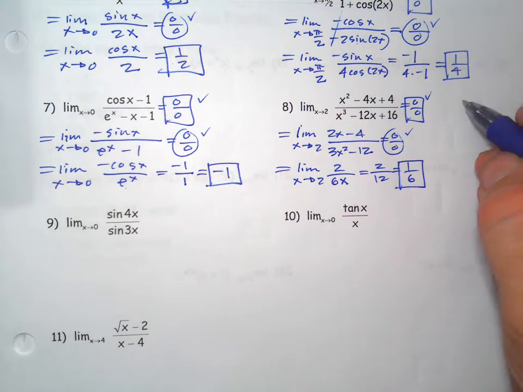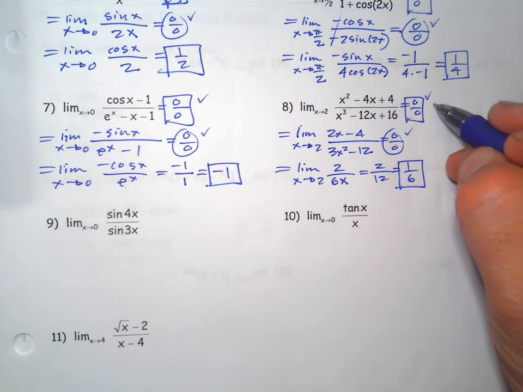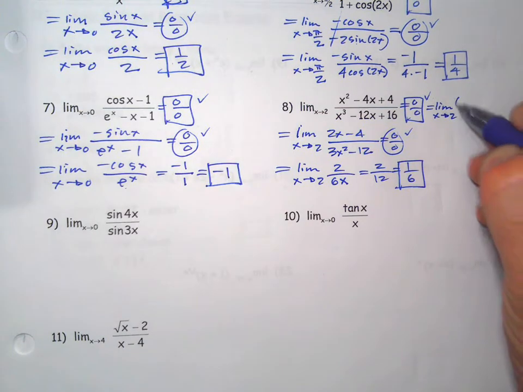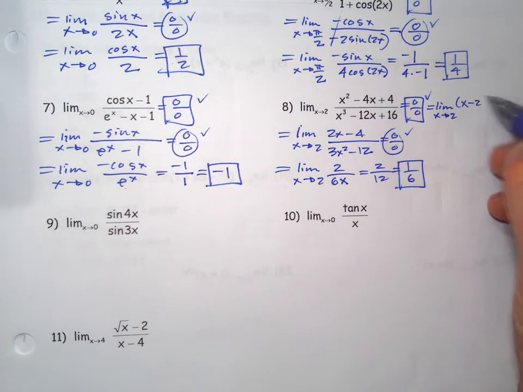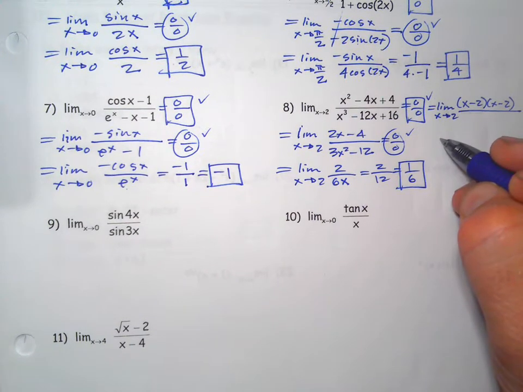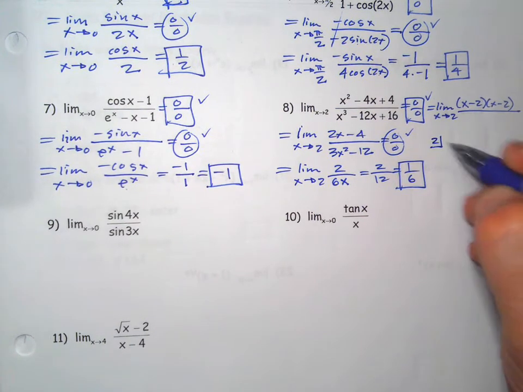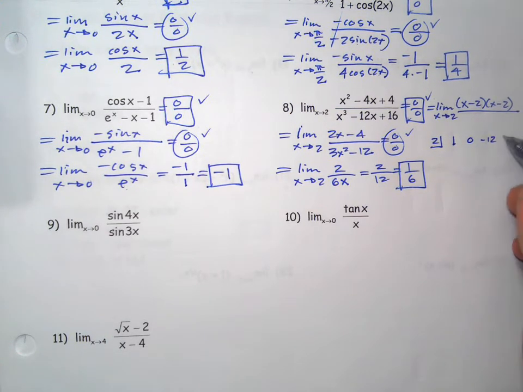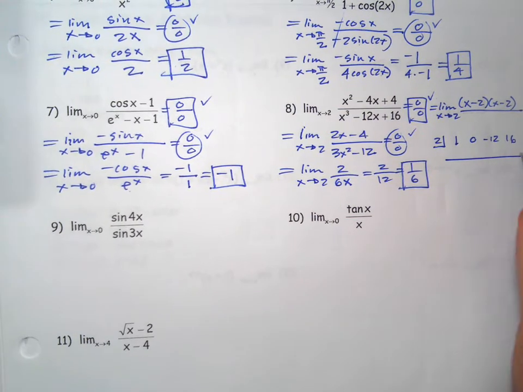The other way of doing it is trying to factor the top and bottom. The top seems x minus 2, x minus 2, which makes sense. You should expect an x minus 2 to come out of the top and the bottom since it's what's making everything go to 0. So I would do synthetic division, but I know I'm trying to take a 2 out, so I don't need the rational root theorem.